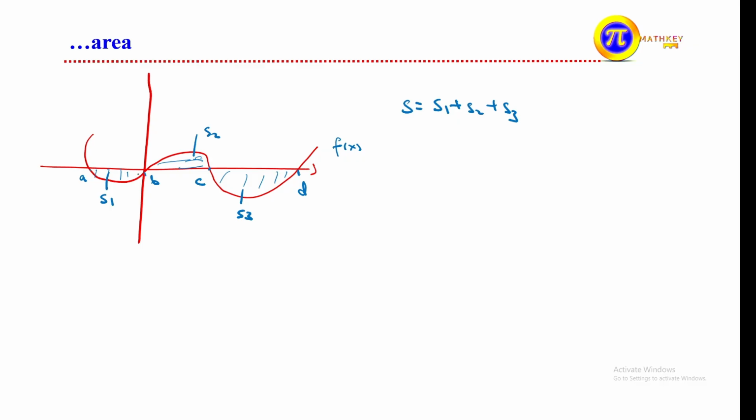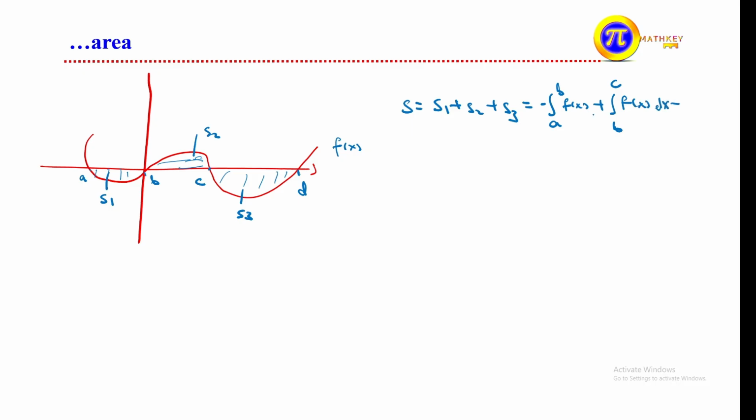Between a and b, our function f of x is below the x-axis, so we take the negative of this integration: negative of the integral from a to b of f of x. Plus, between b and c, our graph is above the x-axis, so we take it as it is: the integral from b to c of f of x dx.